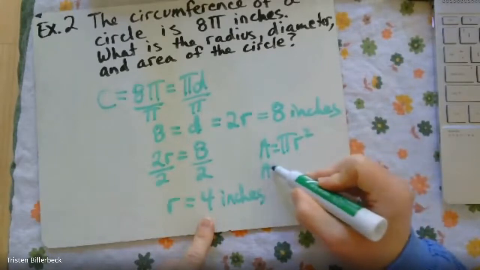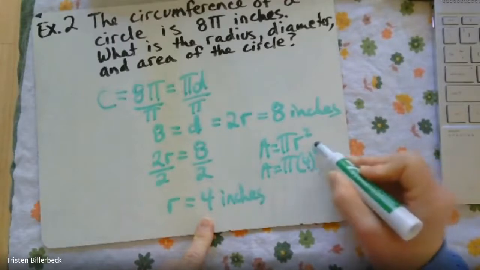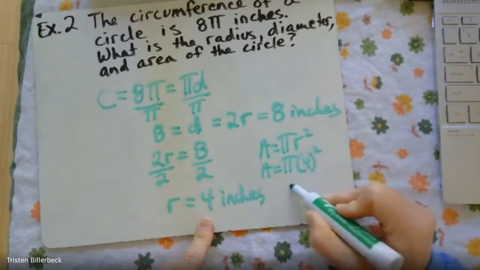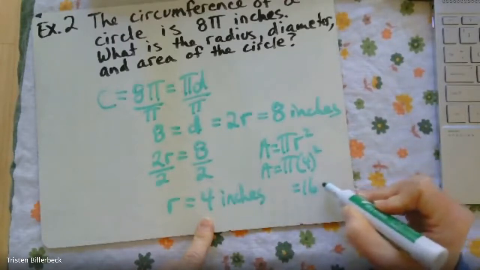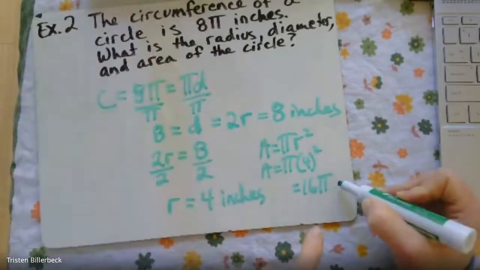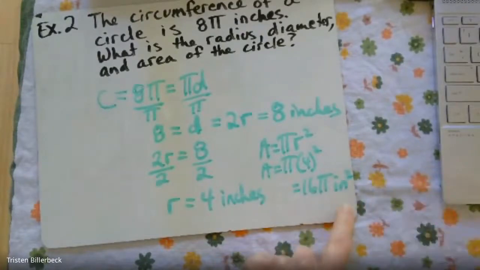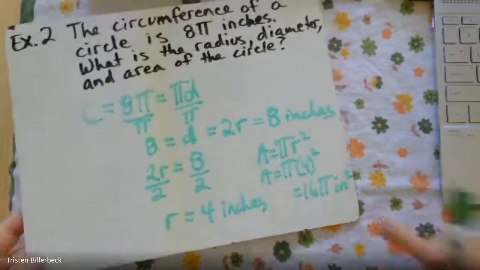So we have area equals pi times 4 squared, which gives us 16 pi. And this is inches, so we can write inches with a little 2. Or if we want to write it with words, we'd say square inches. All right. I'd ask you if you have any questions, but I can't hear you.